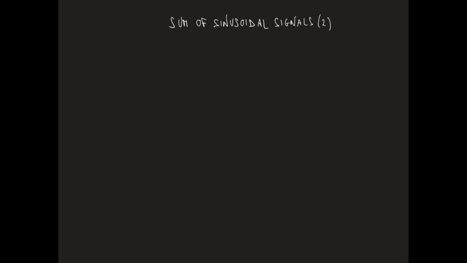Now an example of how we can add two sinusoidal signals in the phasor domain and how the use of phasors can simplify this operation. Suppose we have a sinusoidal signal v1 of t equal to the square root of 3 times the cosine of omega t plus pi divided by 2 as the phase.